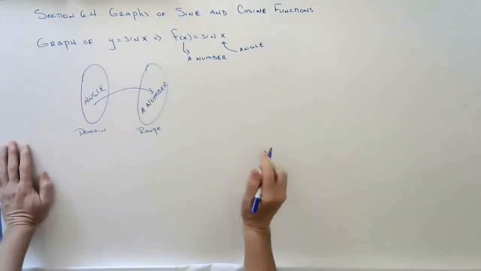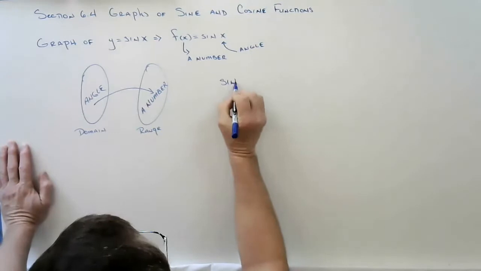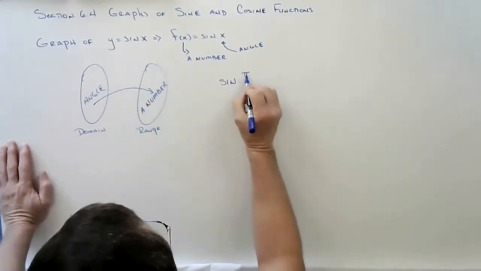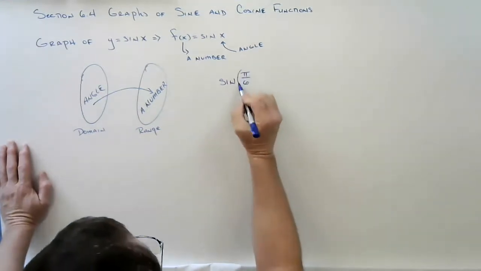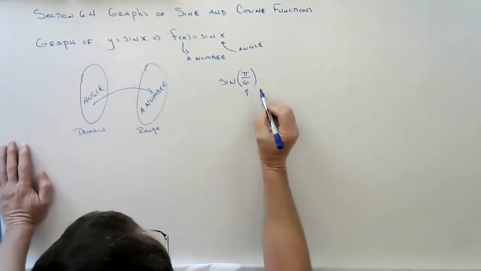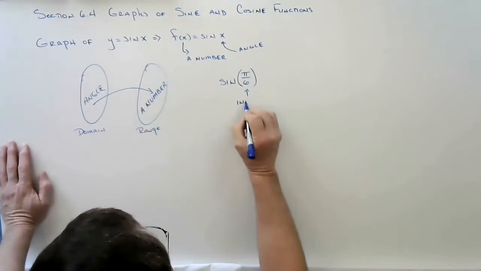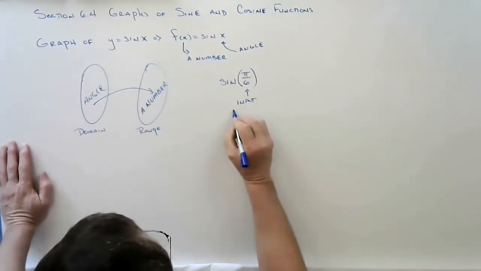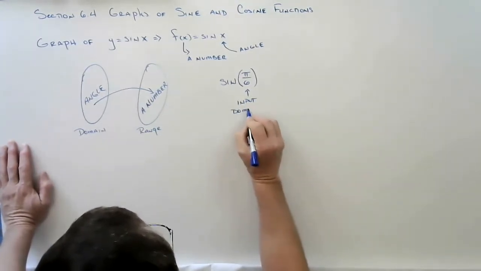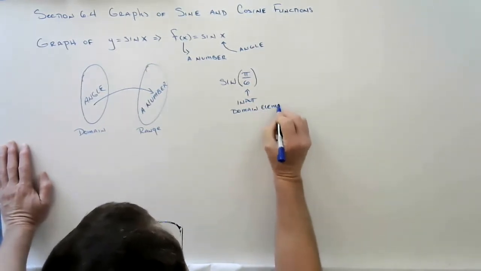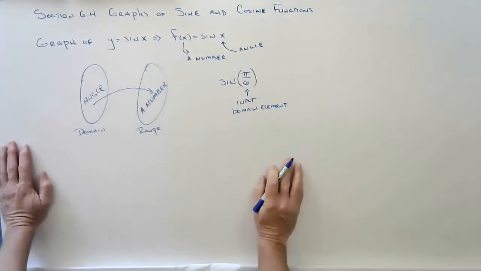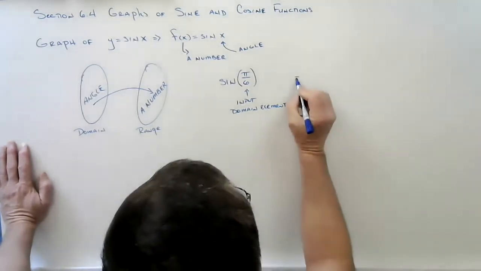When I ask sine, what do I get if I put in pi over 6? Right? I'm putting an angle here. So the input, or the domain element, those are angles. What comes out, right?